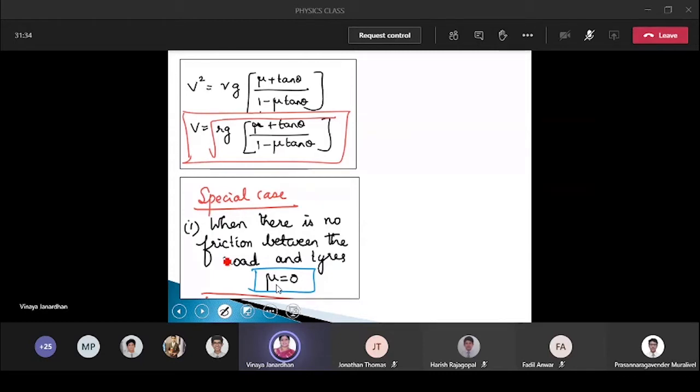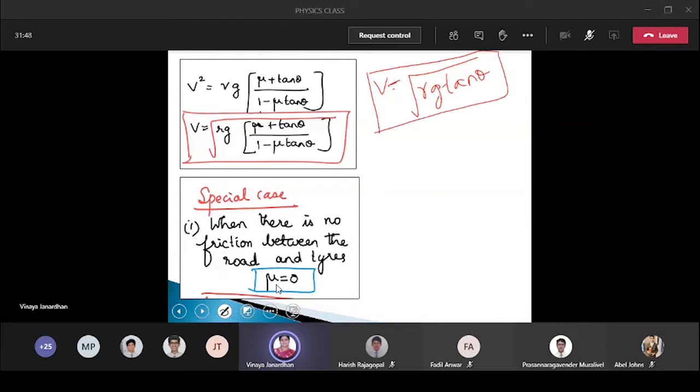Then I want you to get an expression for V. What happens to V? Basically, root of R g tan theta. So when there is no friction, V is equal to root of R g tan theta. This is what you're getting, right? Right, boys. Special case is important.